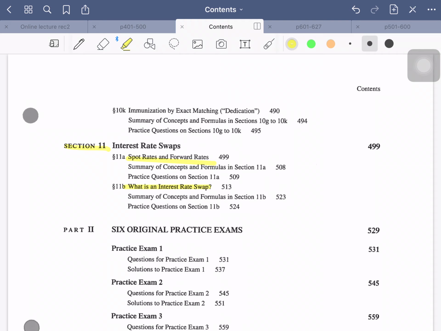The lecture covers maybe 40 to 50% of the time, but you have to practice more and more to pass the exam. That is the entire material of the FM exam.